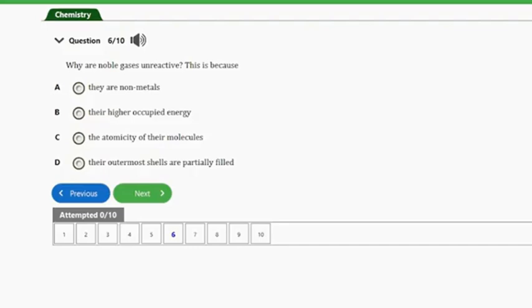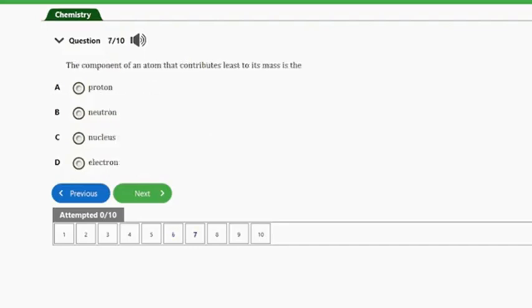Noble gases have all their shells occupied, and as such, that's the reason for their not being reactive. So option B will be the answer to this question, and that's their higher occupied energy. So let's consider the next question.